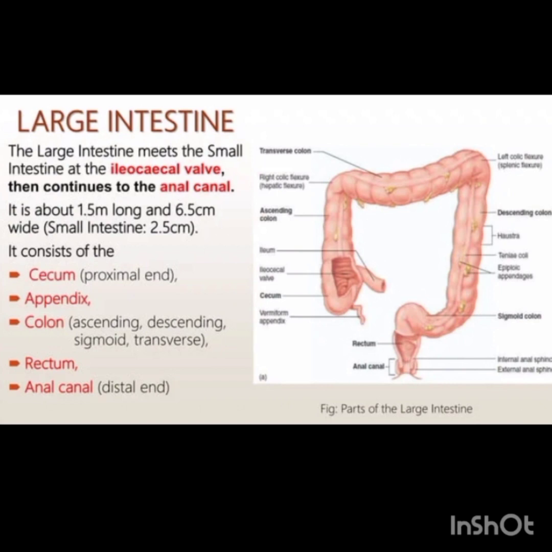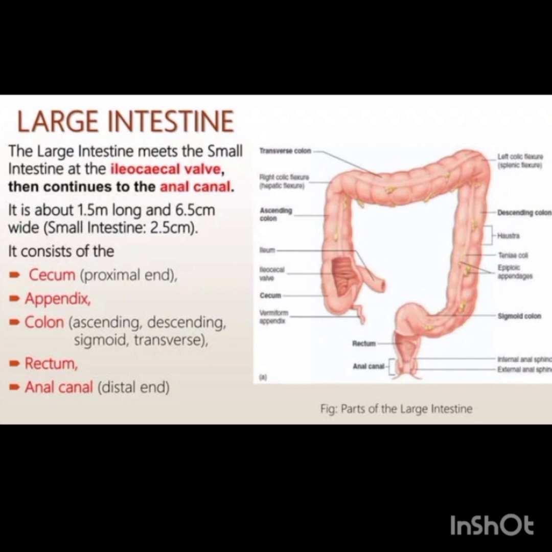Next one is the large intestine. The large intestine meets the small intestine at the ileocecal valve, then continues to the anal canal. It starts from the ileocecal junction and ends with the anal canal, and it is about 1.5 meters long and 6.5 centimeters wide.